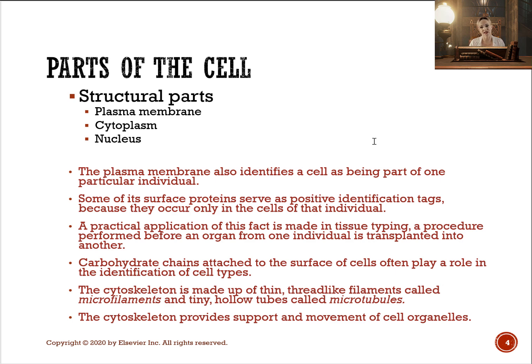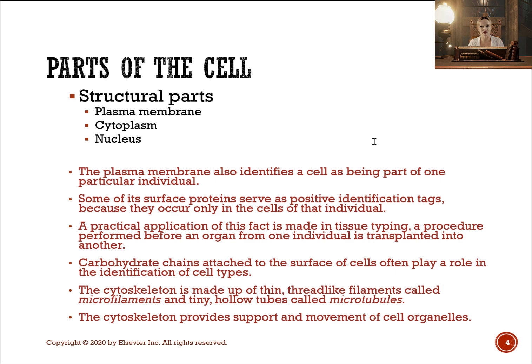Plasma membrane identifies a cell as being part of one particular individual. Some of its surface proteins serve as a positive identification tag because they occur only in the cells of that individual. A practical application of this fact is made in tissue typing. A procedure performed when an organ from one individual is transplanted into another.